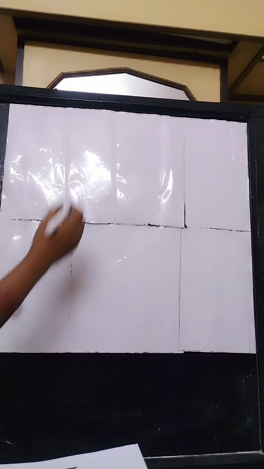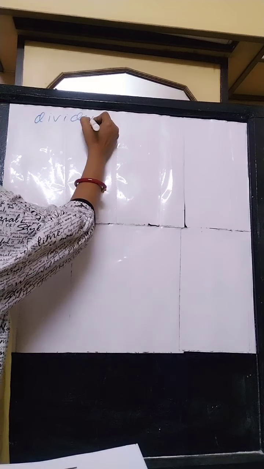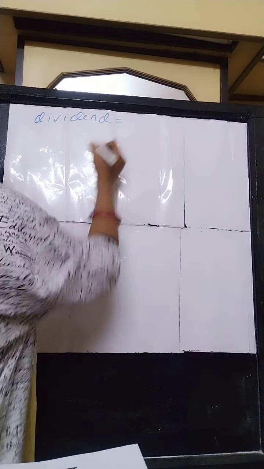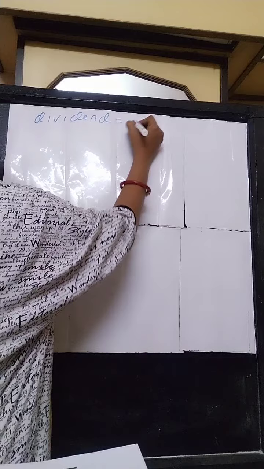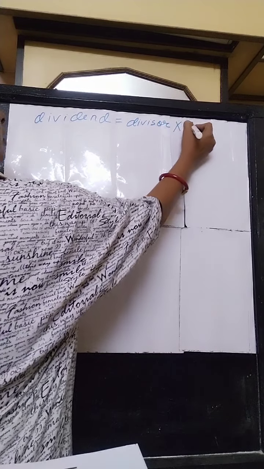So let's get started. Our first sum: we all know a formula that if you are asked to find out the dividend, then you have to multiply the divisor with the quotient.